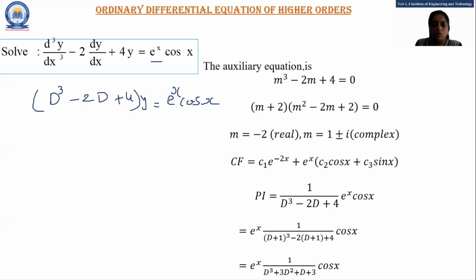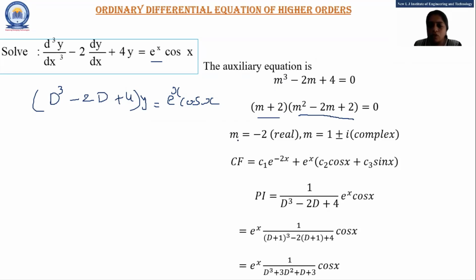So the auxiliary equation is m cube minus 2m plus 4 equal to 0. Now these are the factors, m plus 2 and m square minus 2m plus 2, as this is m cube. This is not a quadratic equation. This is a cubic equation. So as this is cubic, the factors are m plus 2 and m square minus 2m plus 2 equal to 0, right? From this, either m plus 2 equal to 0 or m square minus 2m plus 2 equal to 0.